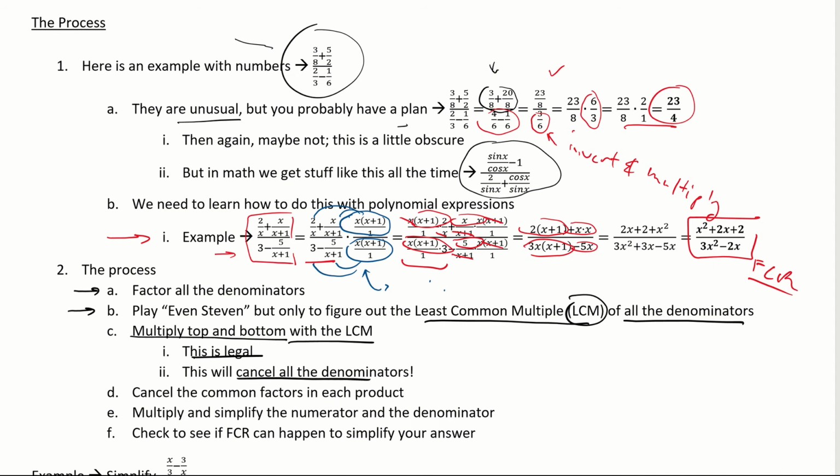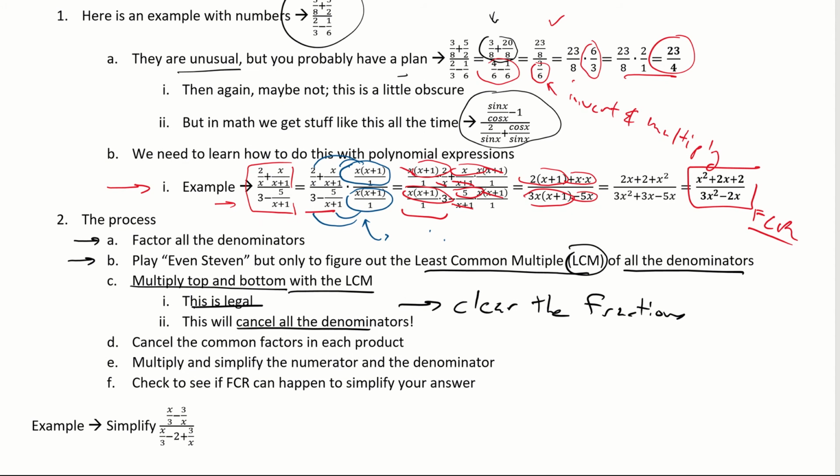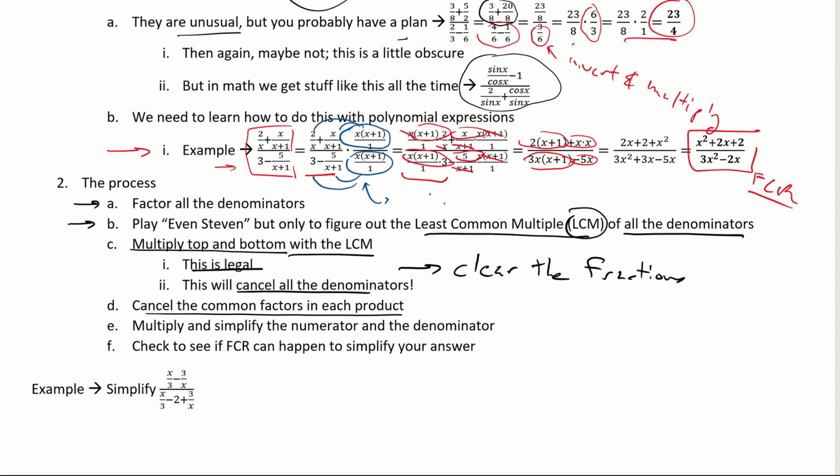And what it does is it cancels the denominator. Some people call this clearing fractions. Clear the fractions. Okay? And we're going to do two examples, like I said. Once you do that, you're going to be able to cancel all the denominators, all the common factors that you see. Then you're going to multiply and simplify, and then check FCR.